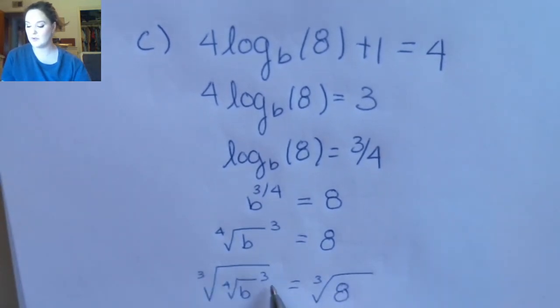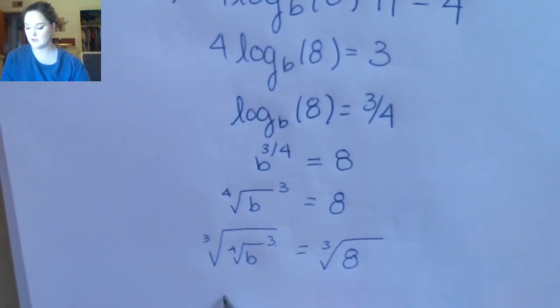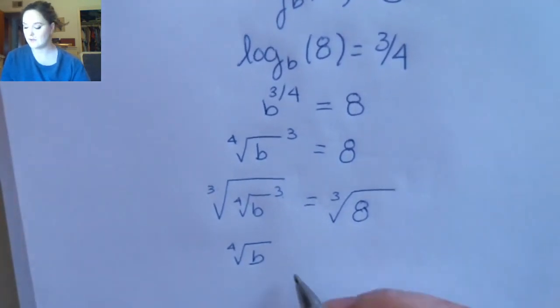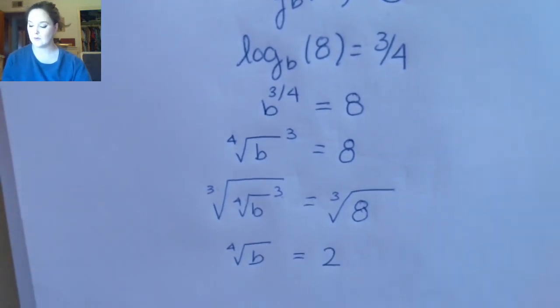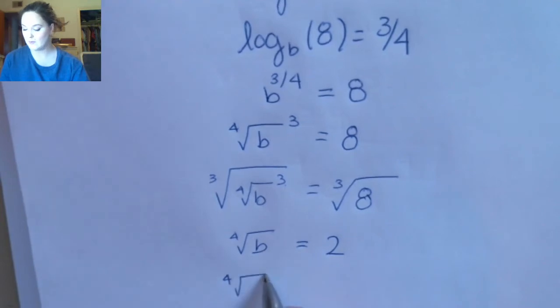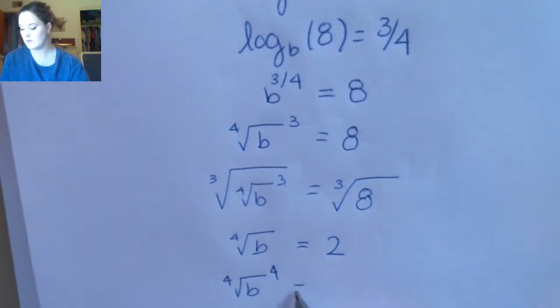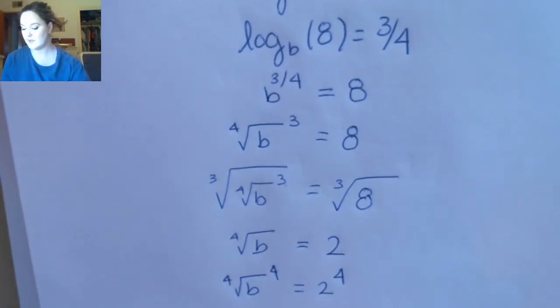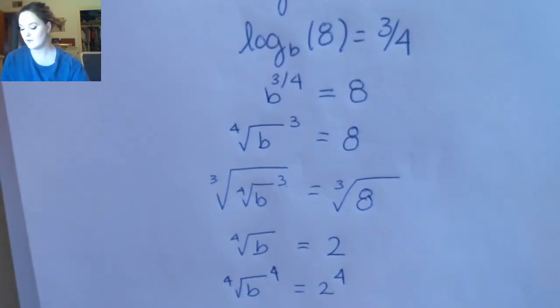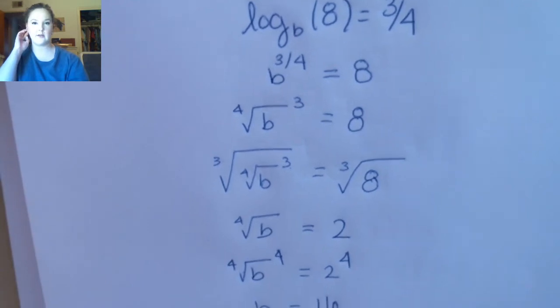The cube and the cube root are going to cancel, so I'll just get the 4th root of b. And the cube root of 8 is 2. Now to get rid of the 4th root, I have to 4th power both sides. These two are going to cancel, and I get 2 to the 4th, which is 16.